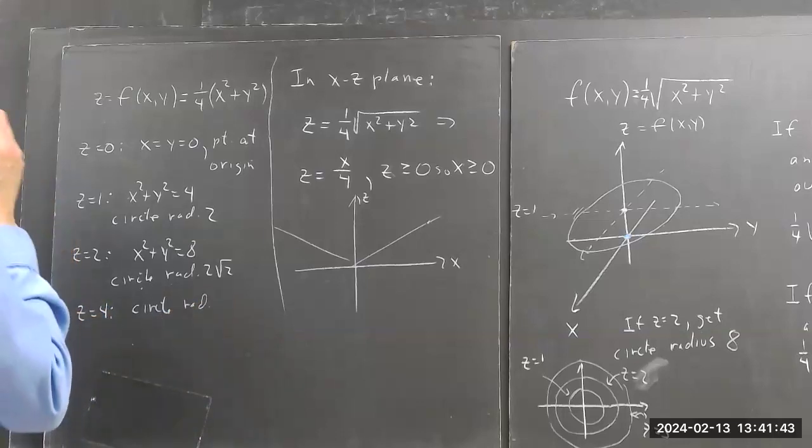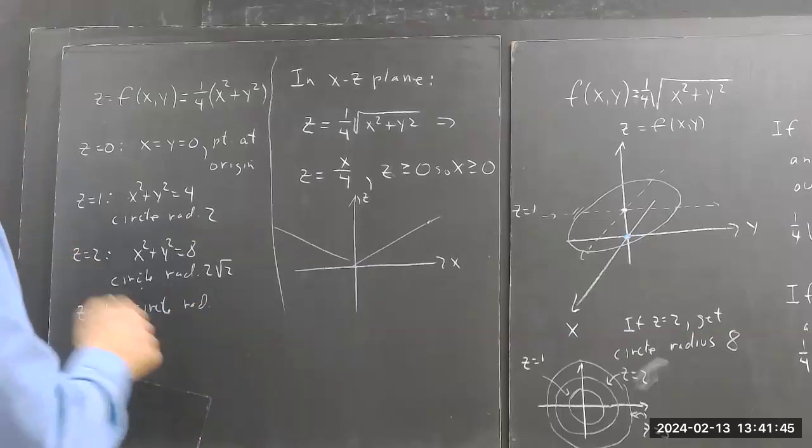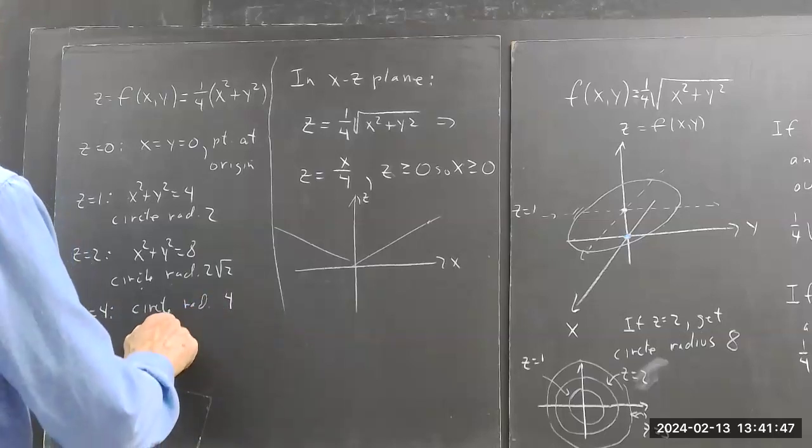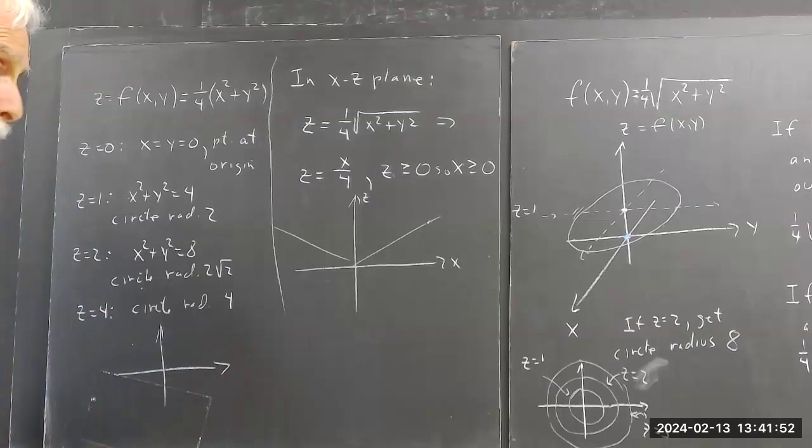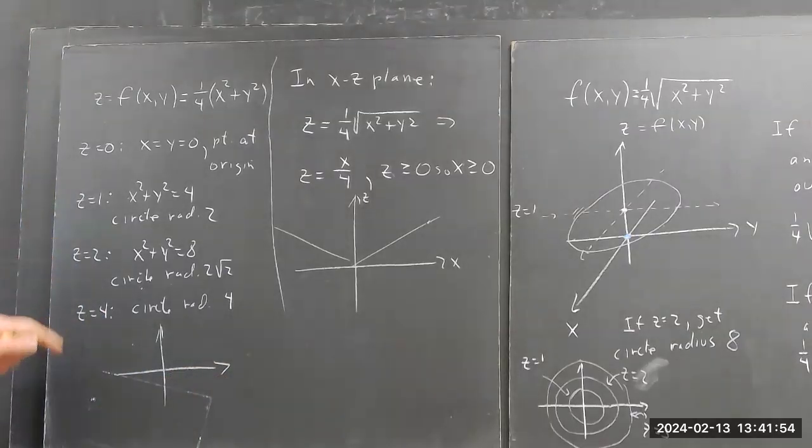If z equals 4, we get a circle of radius 4. Let's skip z equals 3, because if we've got z equals 2 and z equals 4, we can kind of guess what z equals 3 would do.